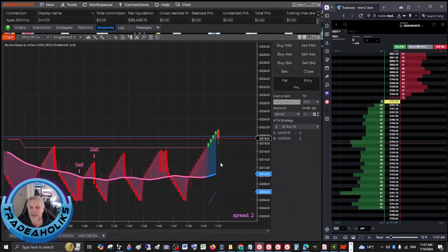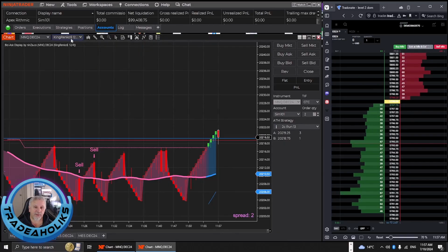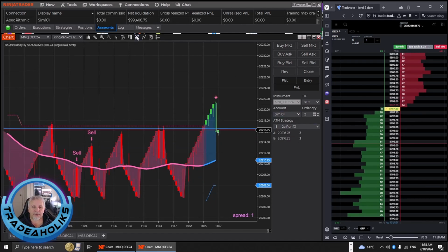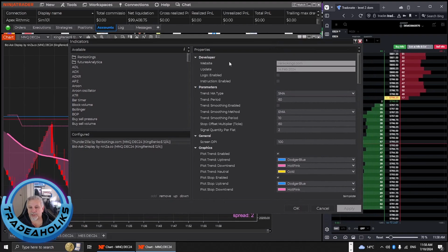For the settings for Thunderzilla, you can see here Renko, 12 and 4 is my settings that I've got. But I can show you that when the time comes. If you go here, there's Thunderzilla there. So there's the settings that I use.